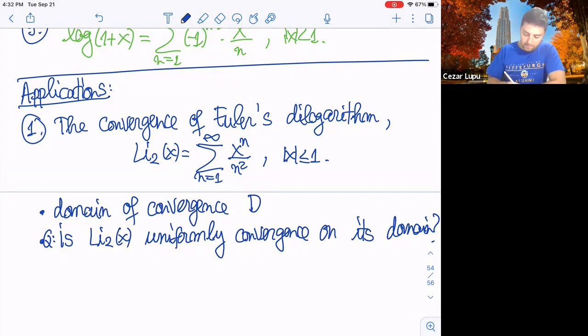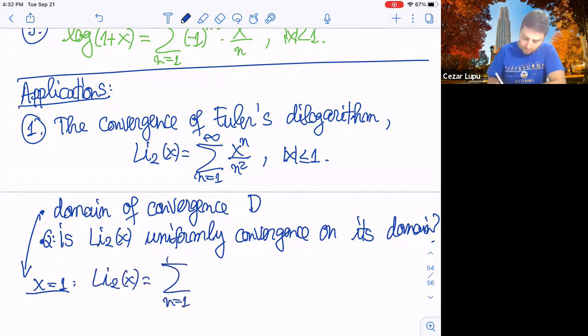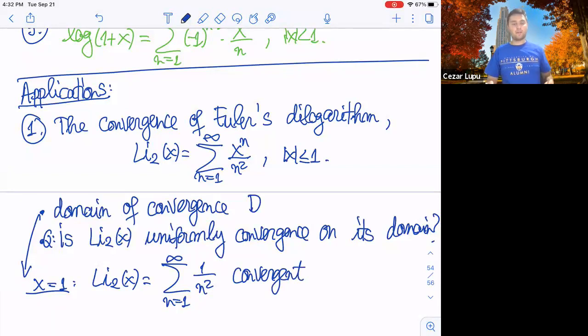as you can see, at x equals 1, what do we have? This is nothing else than just this series, which is convergent, right? We'll prove that the sum is pi squared over 6.